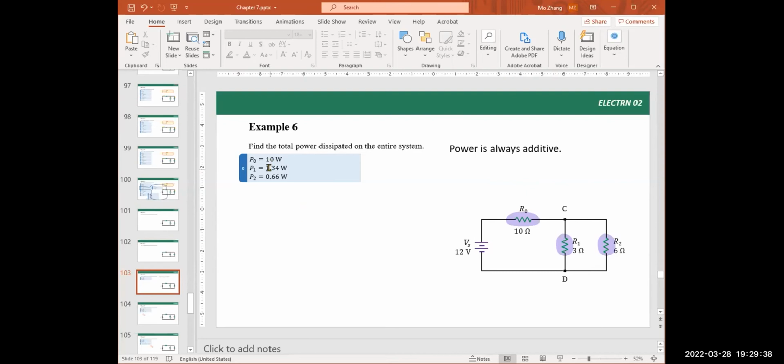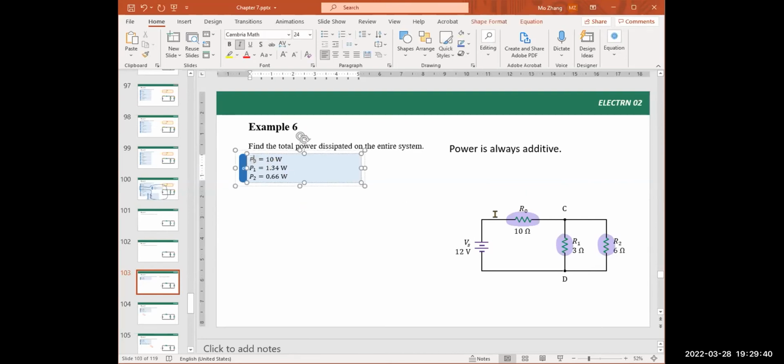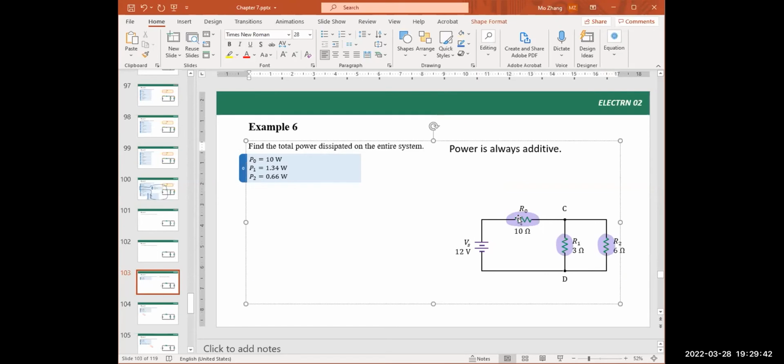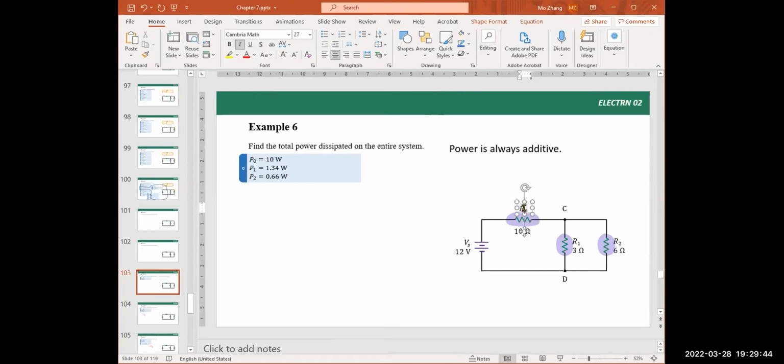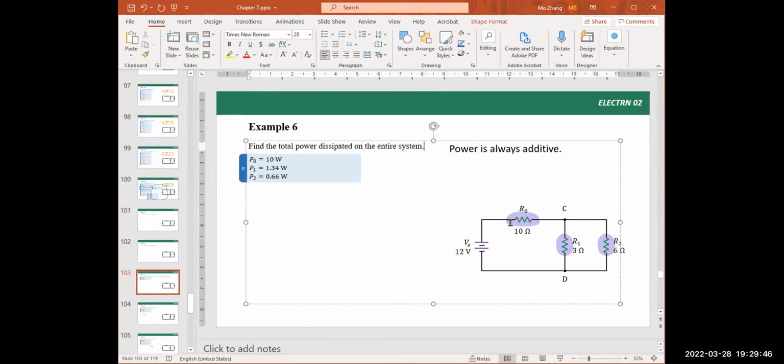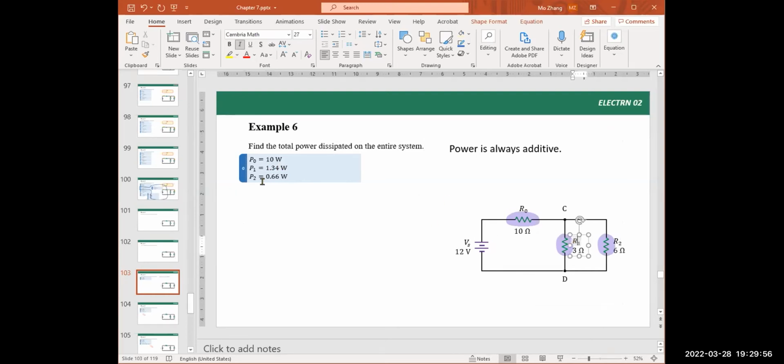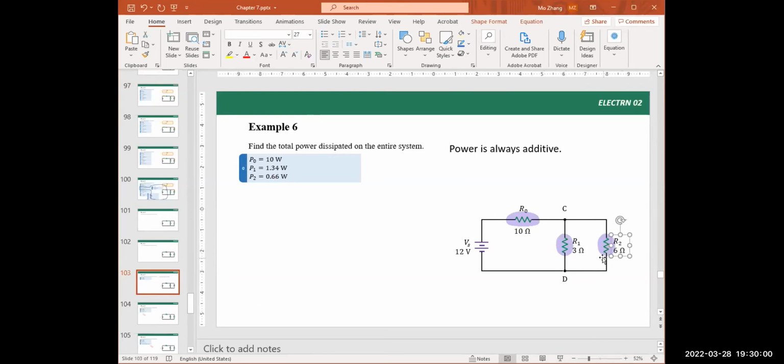So from example 5, we know P0: 10 watts dissipated on this resistor, R0. And 1.34 watts dissipated there, on R1. And 0.66 watts dissipated on that resistor.